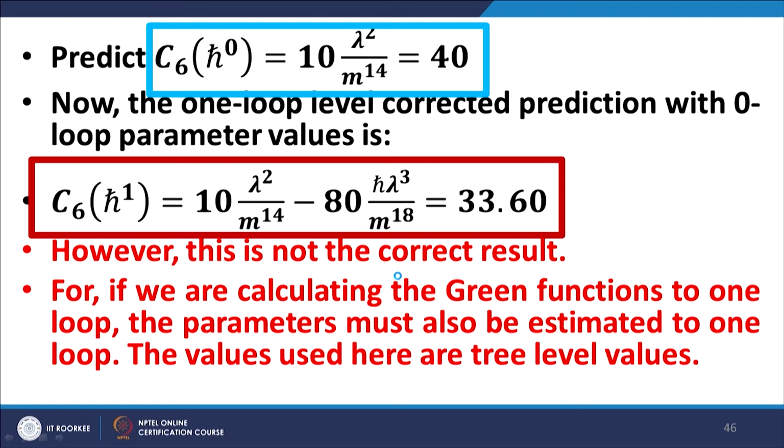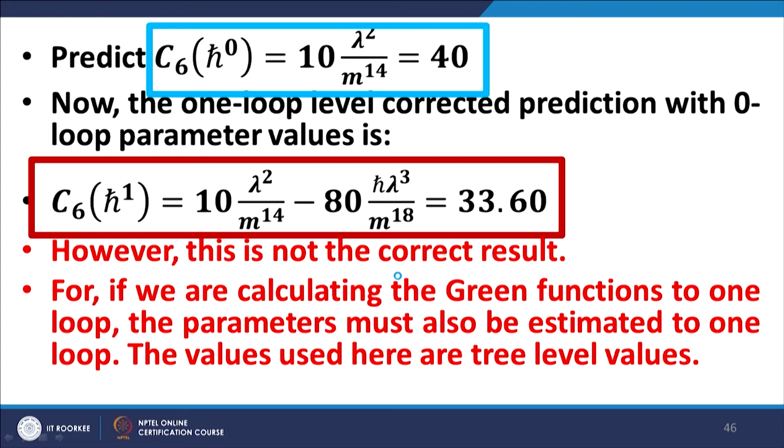Please note h bar is equal to 10 to the power minus 2. So, C6 at the tree level equals 10 lambda square upon m to the power 14, which we find as 40. So far so good, everything is done at the tree level, there is no inconsistency.